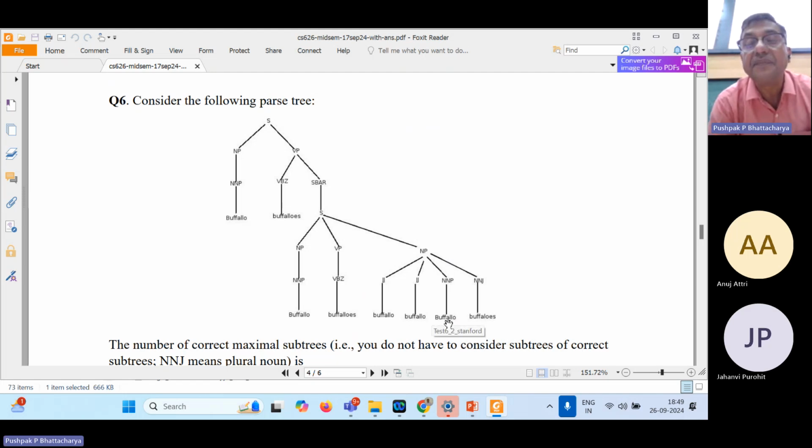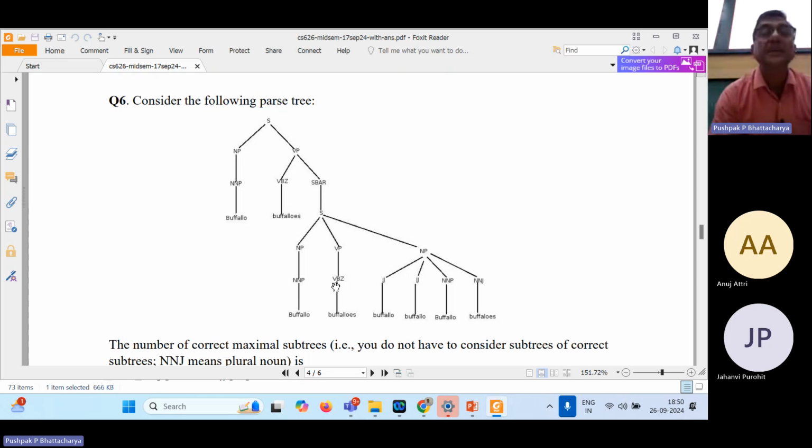So this buffalo is the main verb, and here NNP going to buffalo is correct. This is a proper noun. NNS going to buffaloes is also correct. This is a noun again. And NP going to NNP buffalo is also correct. This is a proper noun buffalo. Nothing else is correct here. And I said you have to pick only the maximal subtrees.